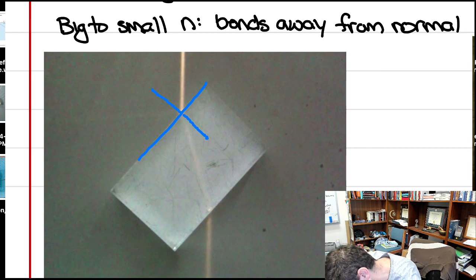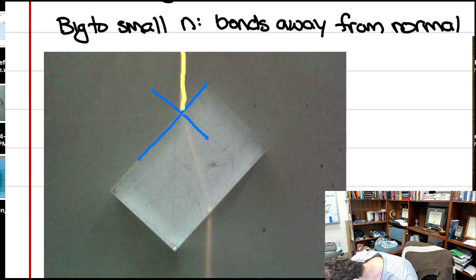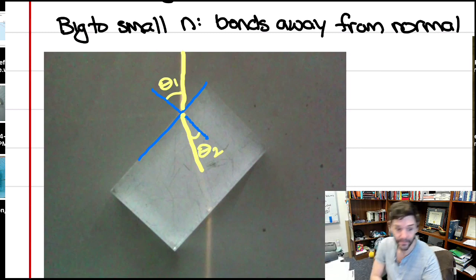And so I'm going to use black, maybe like yellow or something, really bright. So then we have a beam that comes in, and then it seems to bend closer to the normal. And my hand is a little shaky. So we have this theta 1, and we have this theta 2 as a result.